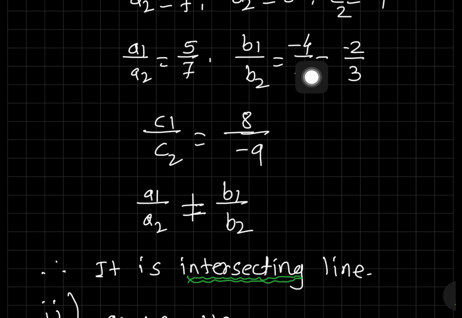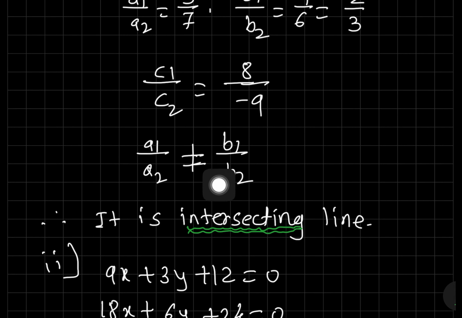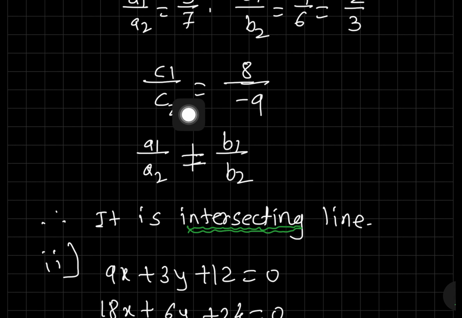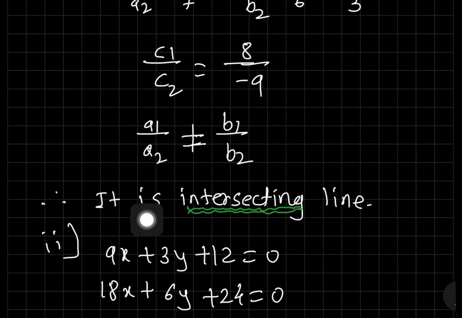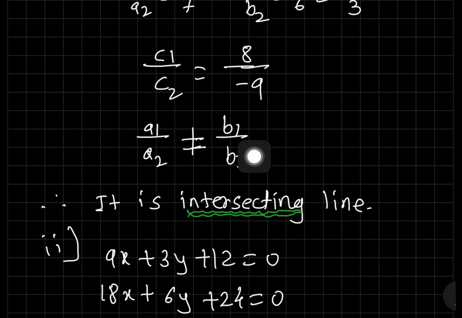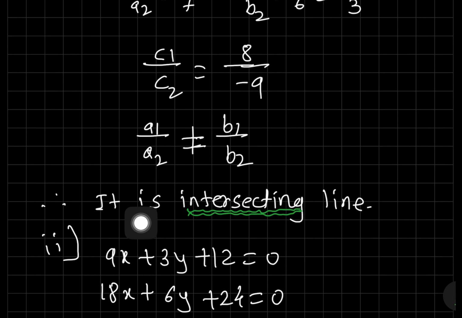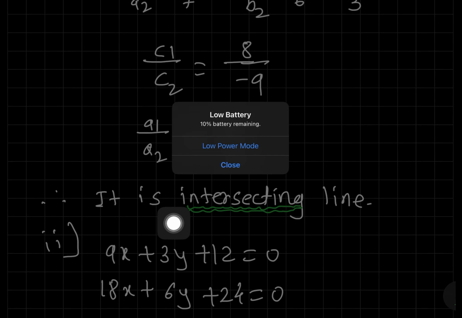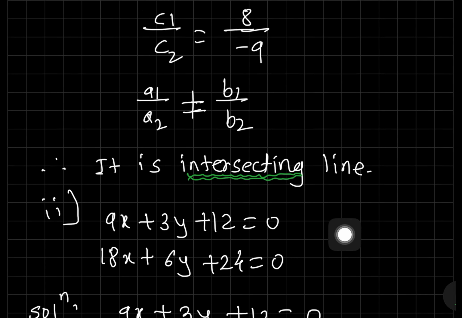For this checking, we have to find these values and put them in the ratio form a1 upon a2, then decide. Since these ratios are not equal, the given lines are intersecting lines.